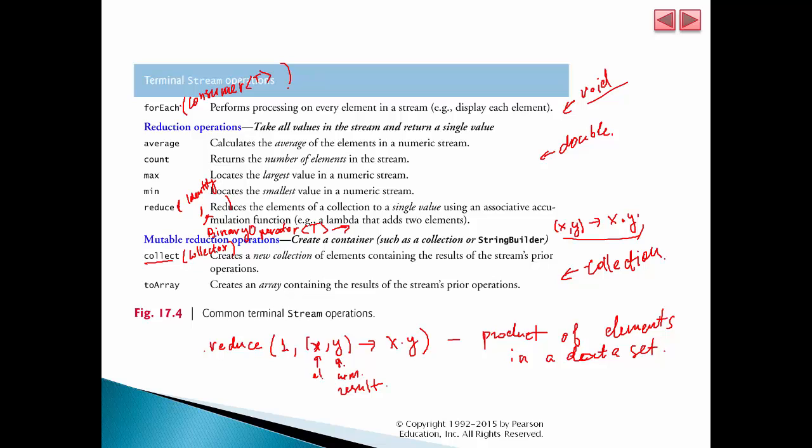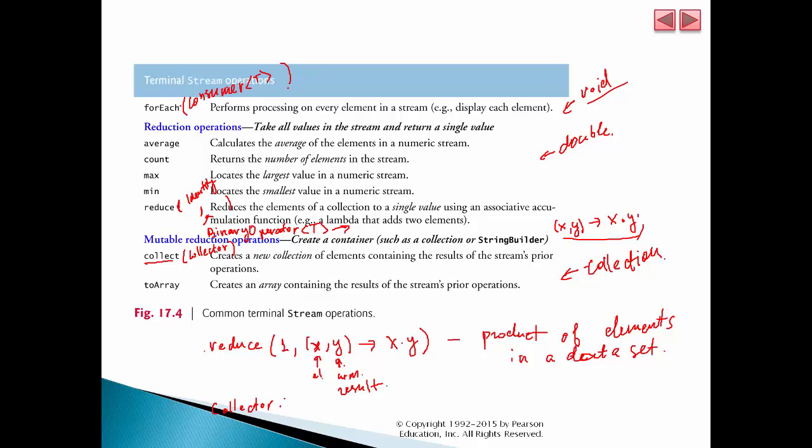Okay, so a collector is a class which implements different ways of accumulating the elements coming from the pipeline. You can create your own collectors by implementing the collector interface. But there are some existing ones, like toList, for example, which has the implementation.